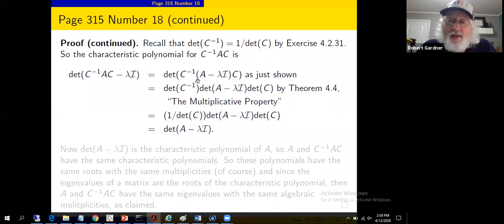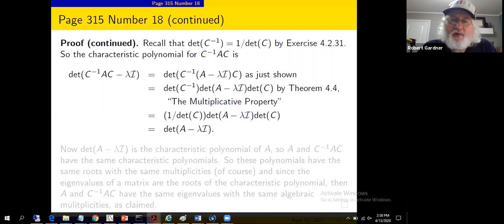We'll take a determinant then of the product. The multiplicative property shows us that the determinant of the product is the product of the determinants. Here we've got a determinant of C inverse, so we'll get a 1 over determinant C here. Hey, that'll cancel with a determinant over here. These three things are just numbers. Determinants are just numbers.